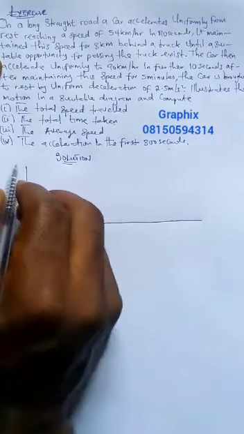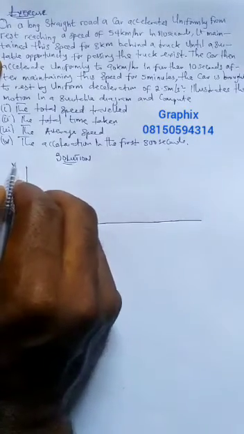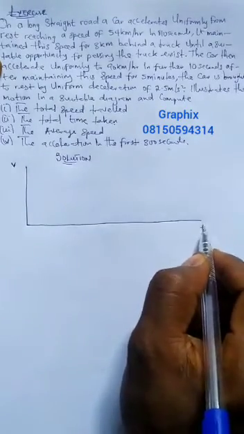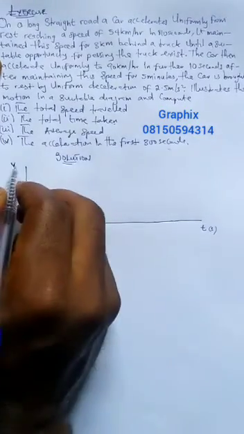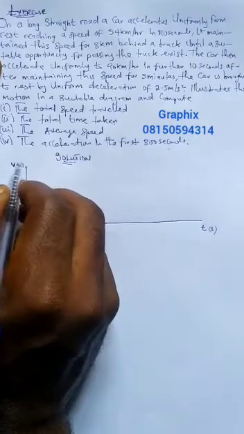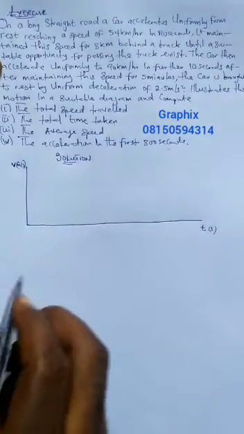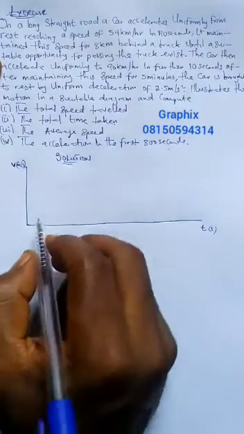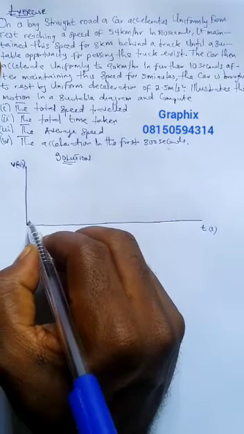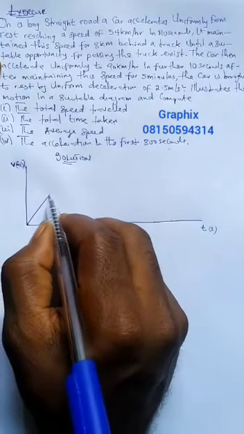This is my velocity in meters per second and this is my time in seconds. Now it says the car accelerates from rest.